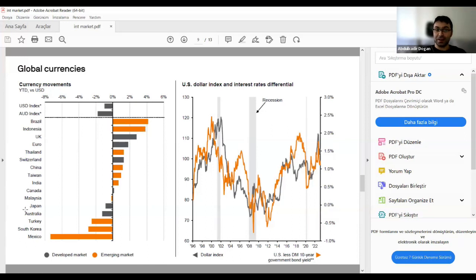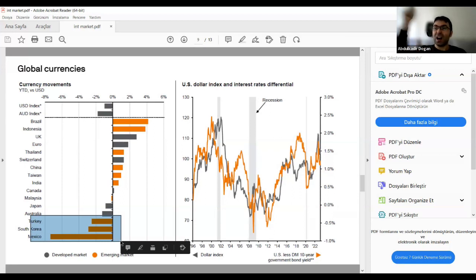But in the fragile five, as I say, Turkey, South Korea, Mexico, their currency is really depreciating. And if your money is depreciating, and if commodity prices are also going up, you will feel inflation hugely and deeply, because you are buying higher cost with higher money.